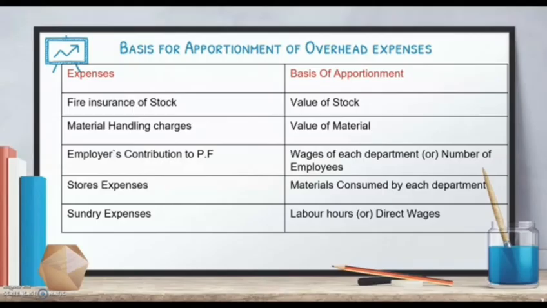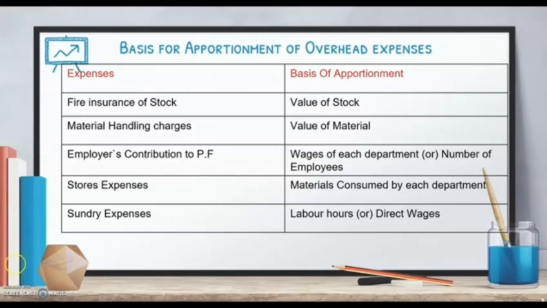For rent, we can use the floor area of departments, and for depreciation we can take the value of plant, and for repair also we can take the value of plant. For workers' compensation expenses, we can take the direct wages, otherwise we can take the number of employees. So in this way we are apportioning the overhead expenses.